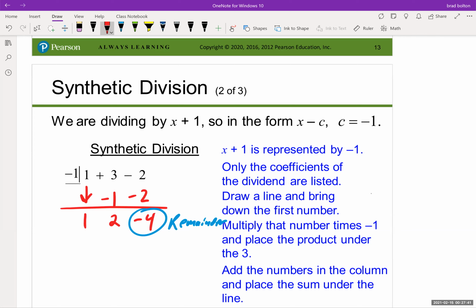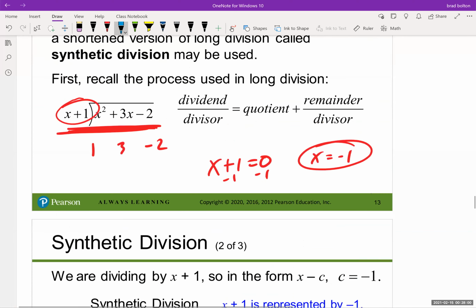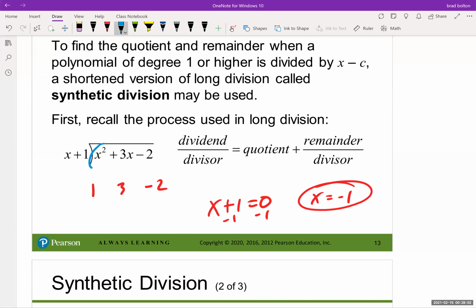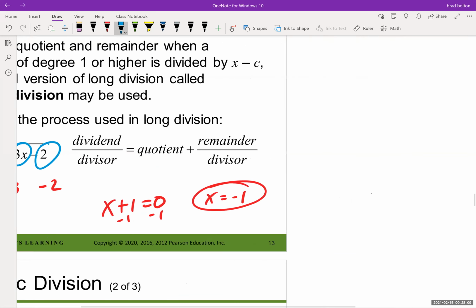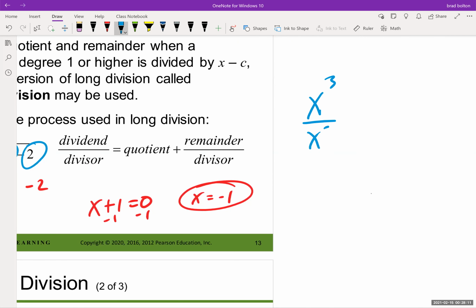If I want to convert this from synthetic division back into a polynomial, or something similar, a rational expression, we're going to reduce the power. Remember, we started off with an x squared, an x to the first, and no x, but we divided by an x to the first. If I took x cubed and divided by an x squared, I would get an x left.